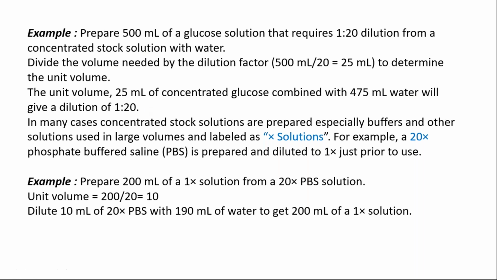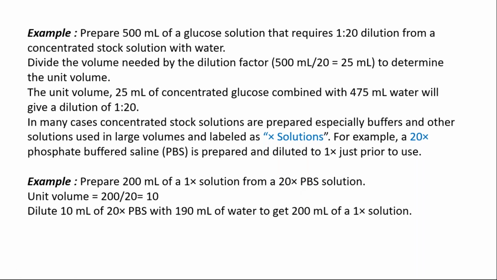In the laboratory, many a time you will see solutions which are written as times. So you have 20x solutions or 10x solutions or 8x solutions. What this means in the laboratory is you have to dilute it 20 times, or you have to dilute it 10 times to get a 1x solution. In molecular biology labs and microbiological labs, generally stock solutions are made highly concentrated as 20x or 10x.